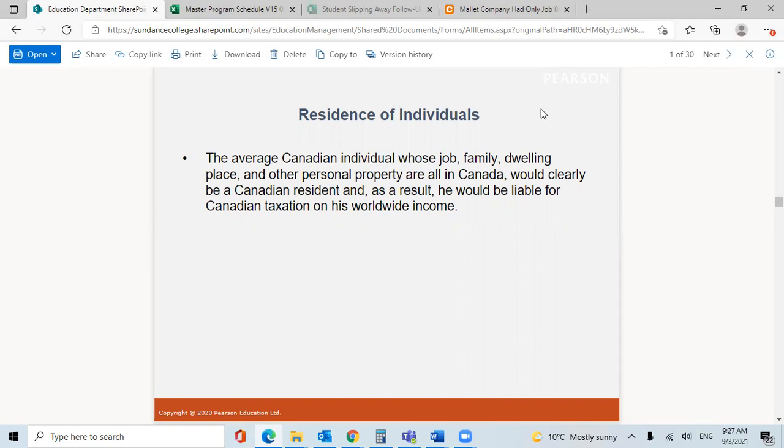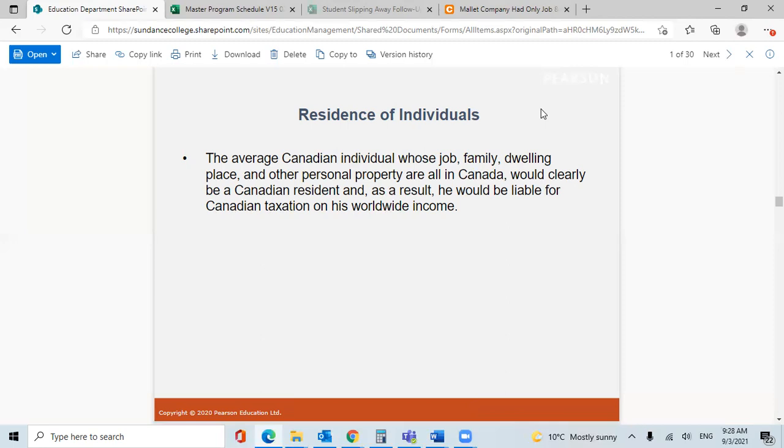So if you're considered to be a resident of Canada, then you need to pay income taxes no matter where you have earned the income. For example, you are a Canadian citizen, you're a Canadian resident, then you need to pay Canadian income taxes if you make money from the States. So watch out for all those details.